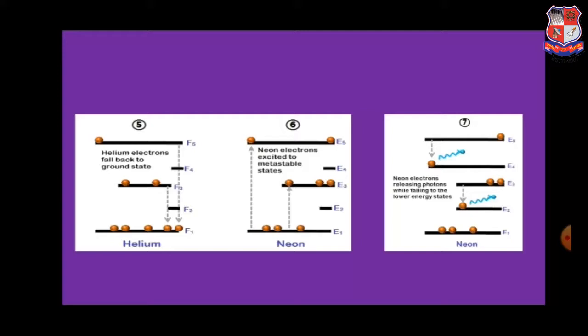I hope that you now have a clear idea about the HeNe, that is helium neon laser, and I have explained each and every detail of its components, its working principle and the basic functionality of helium and neon gases and their energy levels.